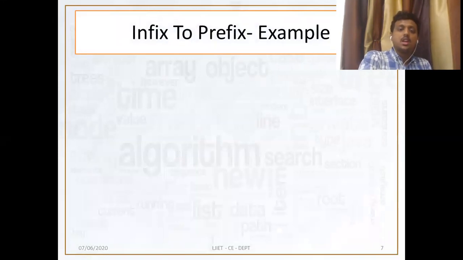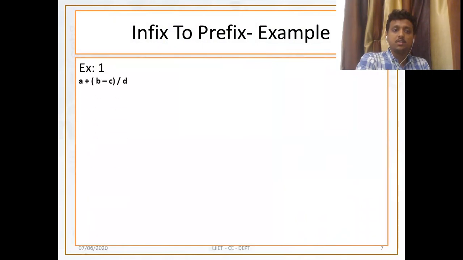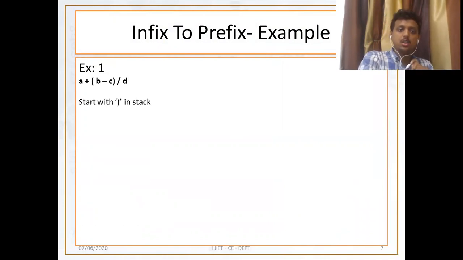Now, moving forward, how to convert infix to prefix, with an example. Number one, here we have the infix string: a plus opening bracket b minus c closing bracket division d. Start with the closing bracket in the stack and reverse the string first.